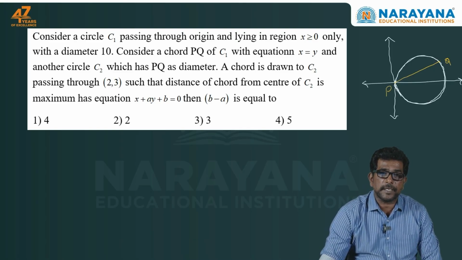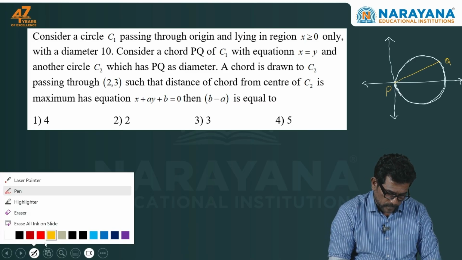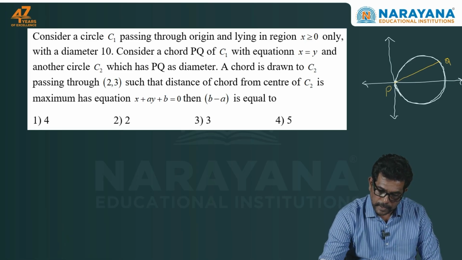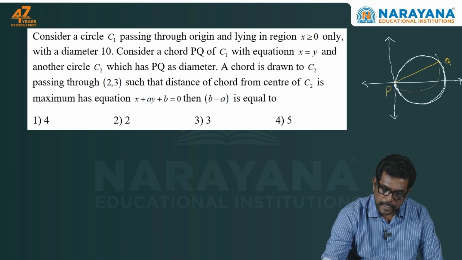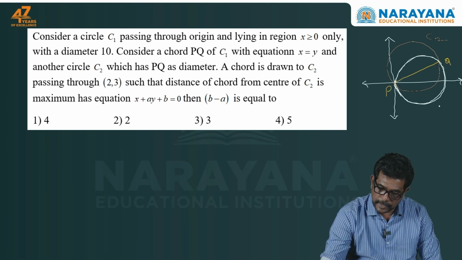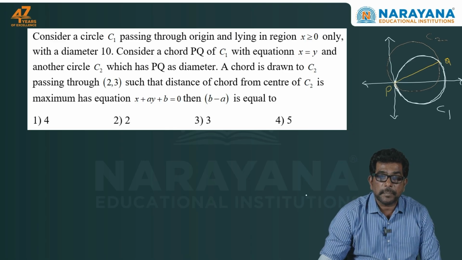One more circle is drawn here, for that circle PQ is the diameter. This is the second circle, this is C2 and this is C1. Now C2 has the diameter PQ.